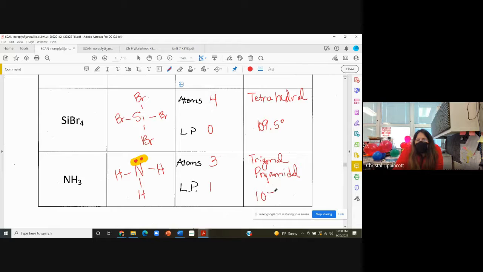And it's 107.5. And you can kind of see where they get that name from if you look at this. Here's your trigonal, your 3. And then you can kind of almost visualize a pyramid in a way. So that's where they're getting that name from.